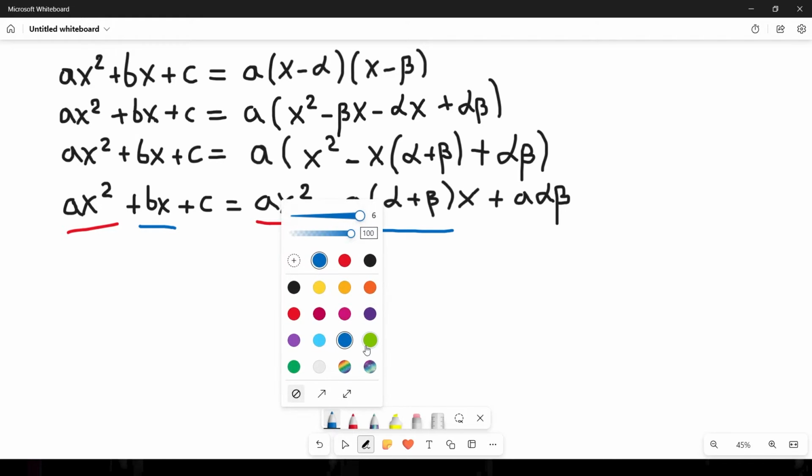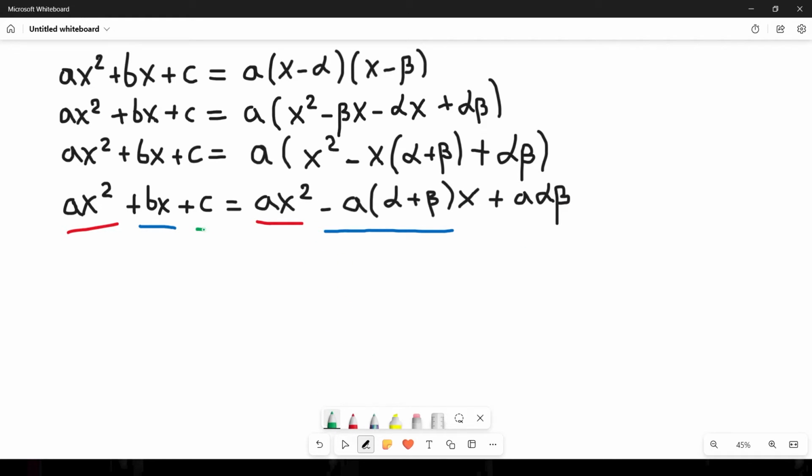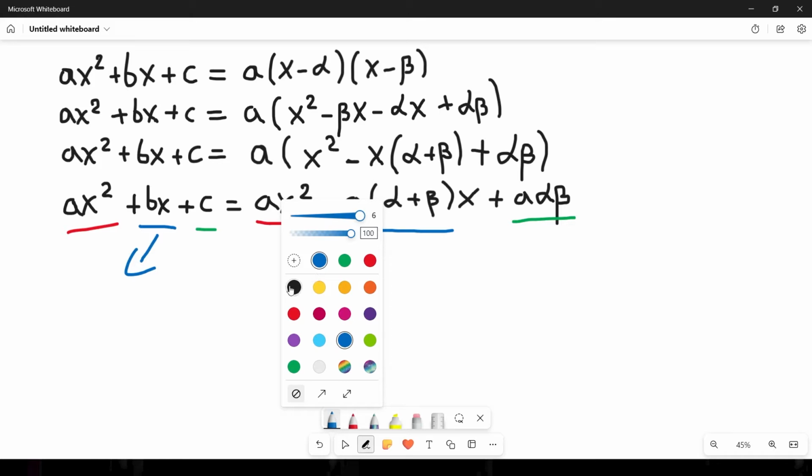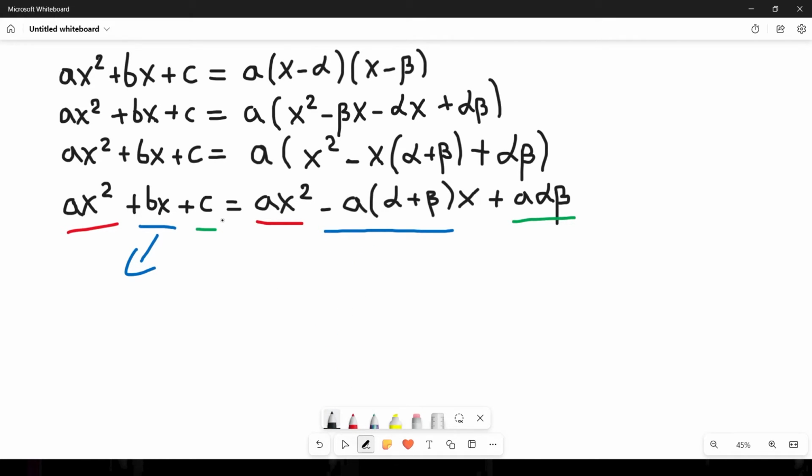And we get the third one, which is c, and which is a times alpha times beta. When we write that down, we don't really have to write it for a because it is the same, but we can say that b is equal to minus a times alpha plus beta.